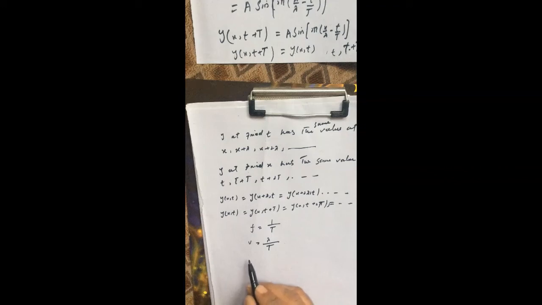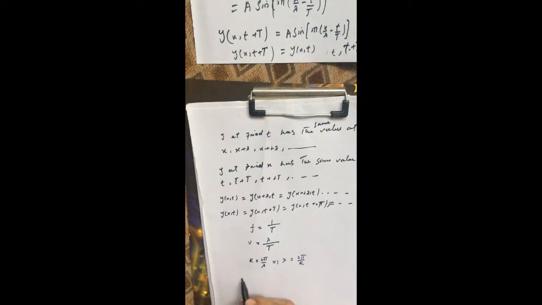Also we know the wave number k, which is equal to 2 pi over lambda. From this we get the value of lambda, which is 2 pi over k.